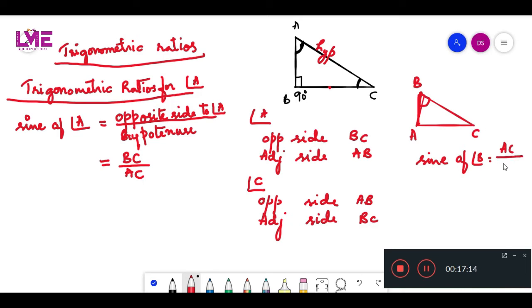So hypotenuse is BC. So you can see here when we take angle A at this vertex and the naming of the triangle is like this, the ratio is BC by AC.